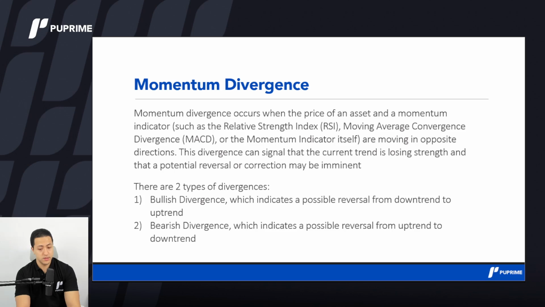Divergence happens when prices are behaving in one way and the momentum indicator is behaving in another way. That's when you know that, okay, prices are moving higher, but momentum is moving lower. What does it mean that prices are moving higher and momentum is moving lower?